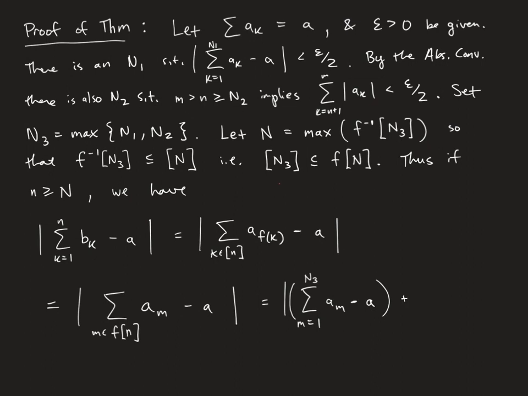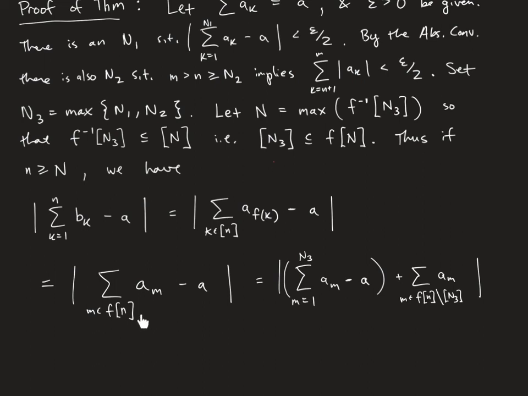So then plus the sum over m in this set, f of n, but then minus the first n3 natural numbers. And this we did because the set of the first n3 natural numbers is contained in this. So the reason for this is that we have that the first n3 natural numbers is contained in f of the first big N natural numbers, which is contained in f of little n.